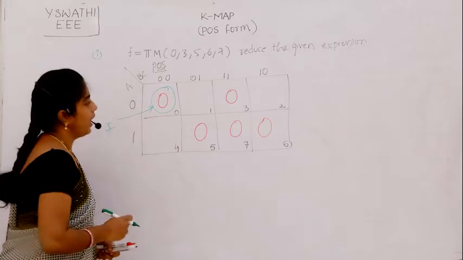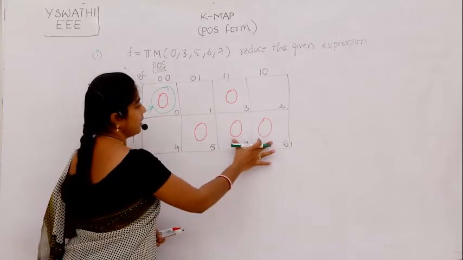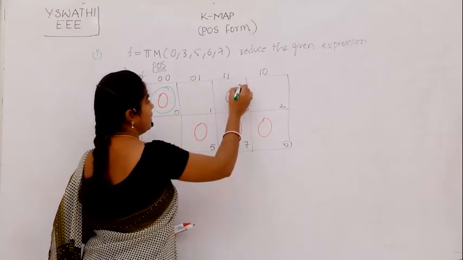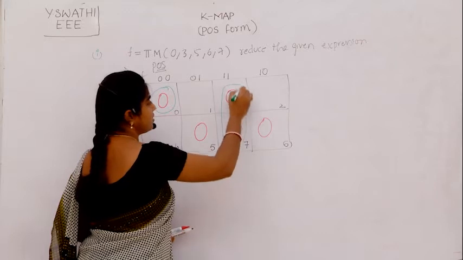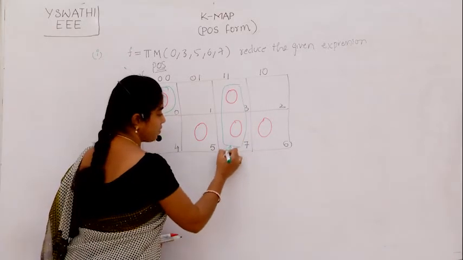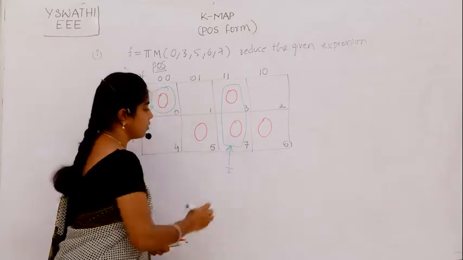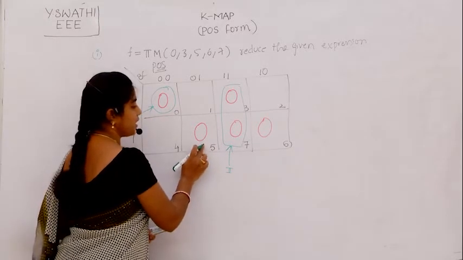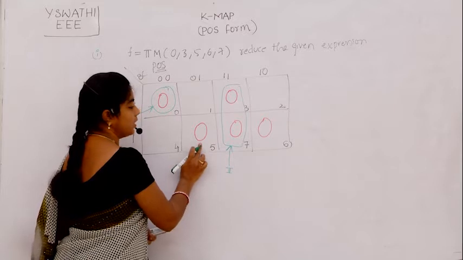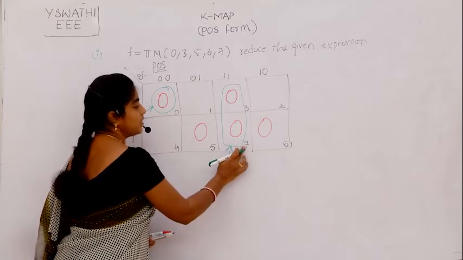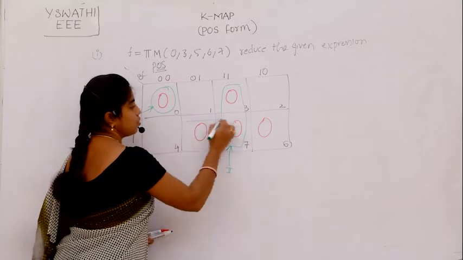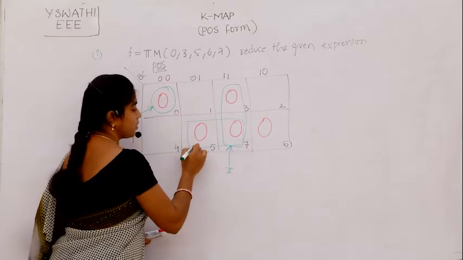In this 4 combination, you can take 3 and 7 as adjacent to each other. So this forms the second group. And this fifth zero is adjacent to the 7th cell 0. These 2 cells are adjacent to each other, so this forms the third group.